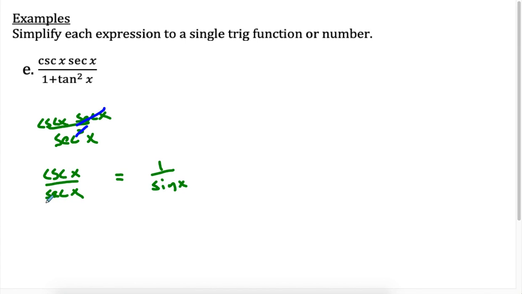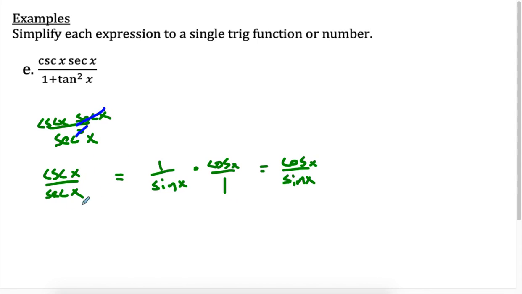So since this is in the denominator, the reciprocal would move to the numerator, right? So if I've got 1 over secant, I can say that that's the same as cosine over 1. Okay? So now I can just write this as cosine over sine.